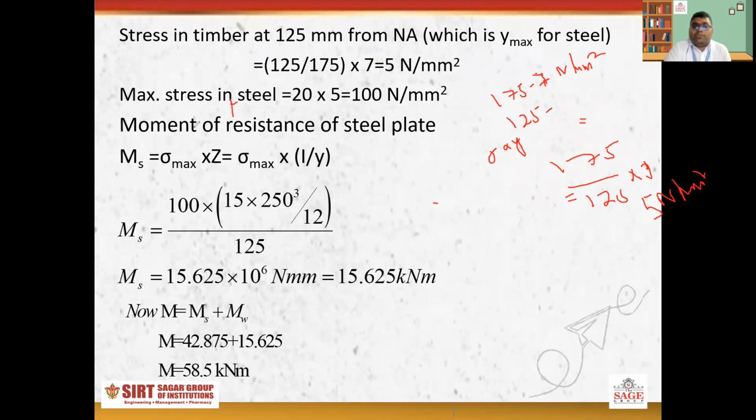So we know that. So यहाँ the moment of resistance of steel, कैलकुलेट करते हैं. It is sigma ये. अच्छा, इससे पहले one more thing we have to discuss. So ये देखिए, so अब ये हमने निकाला 5 in the timber at distance 125. Then what would be the value of the stress at a distance 175 in the steel?